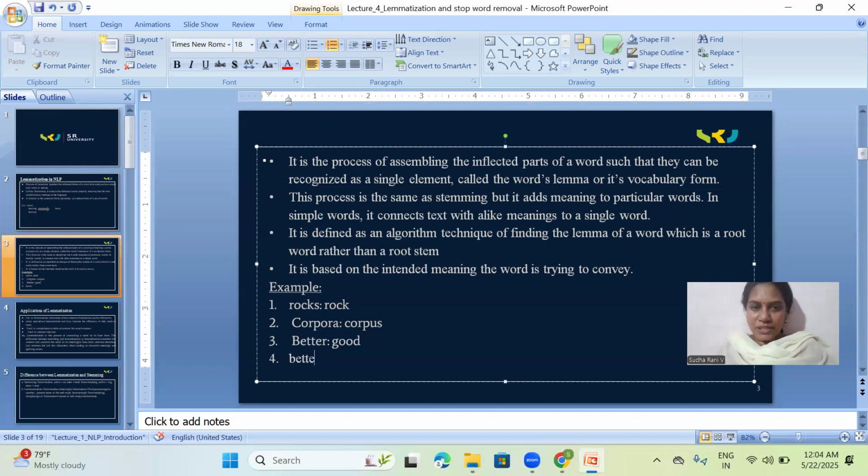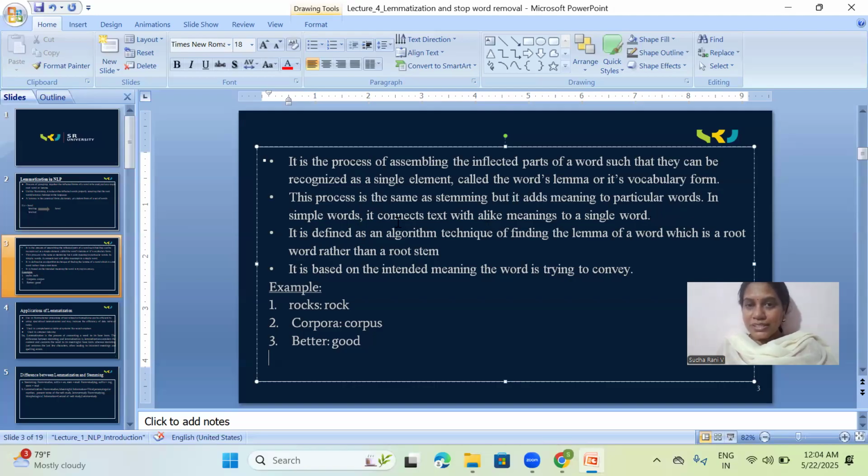But for the lemma, for better, the lemma word is generated as good. According to the definition, what is lemmatization? The process is the same as stemming, but it adds meaning to a particular word.